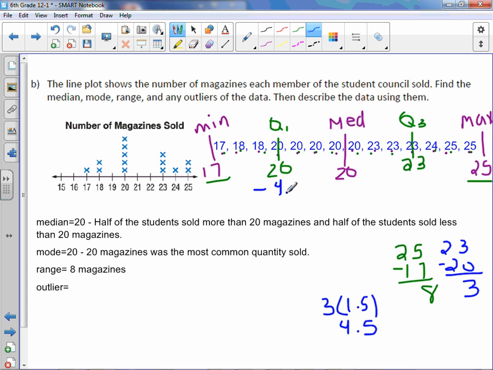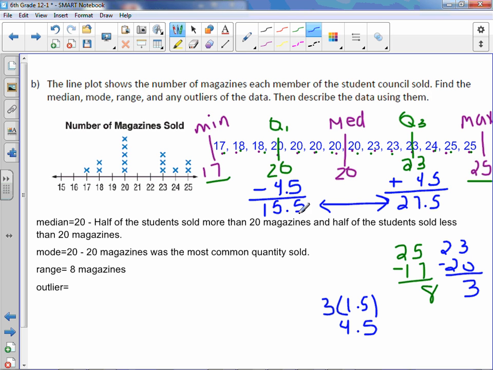We'll subtract that 4.5 from quartile 1, and we'll add 4.5 to quartile 3. When we do that, we get 15.5, and we get 27.5. Now, any numbers outside of this range are considered outliers.